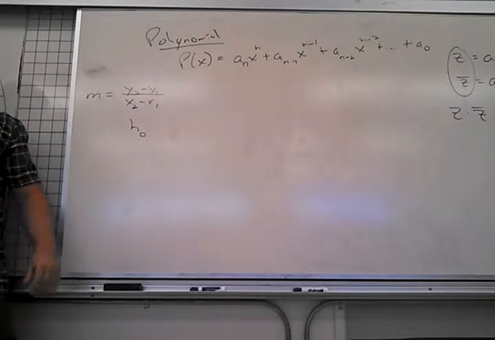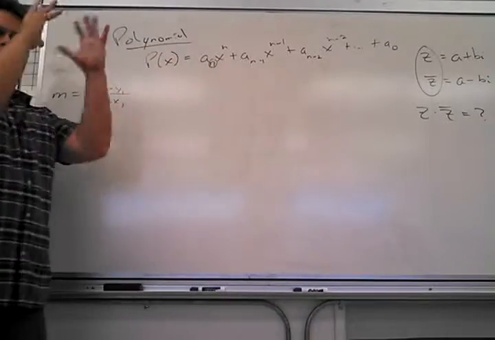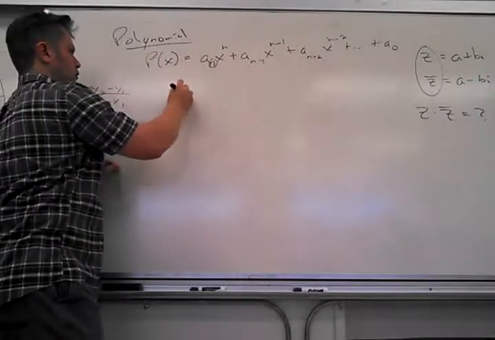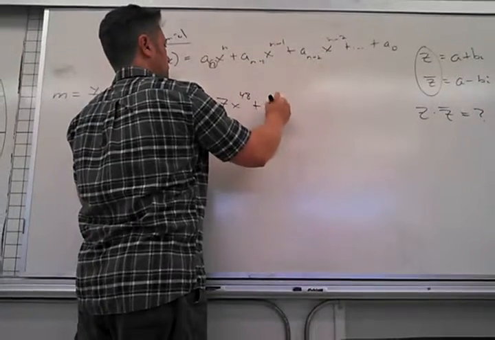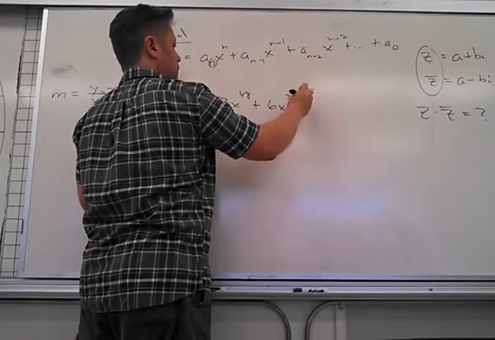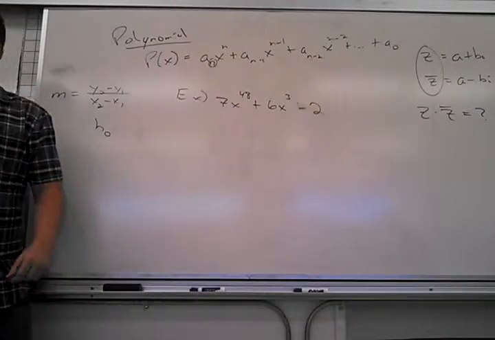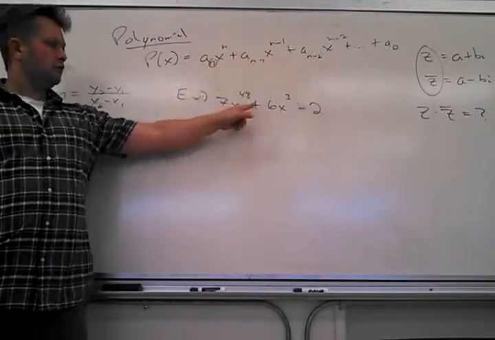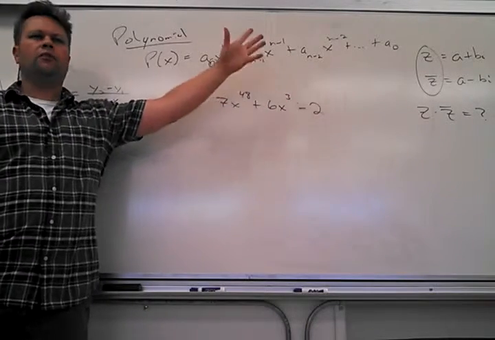So here, when I see that subscript, that just means the nth coefficient. That's a number. An example, of course, is 7x to the 48th power plus 6x cubed minus 2. So a whole bunch of these a's are zeros because I'm missing a bunch of these terms, right? But that's all right. They could be whatever number they want to be.